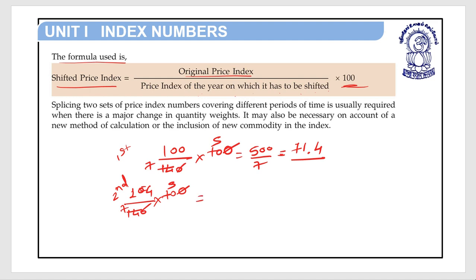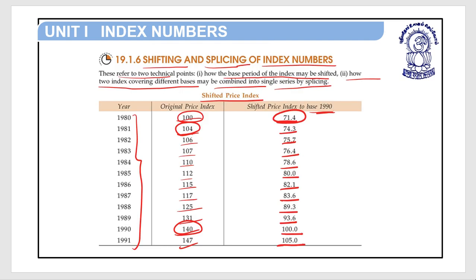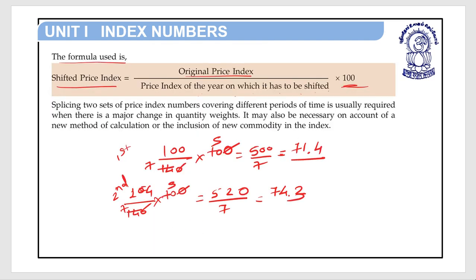So here 5 4s are 20, 5 1s are 5, so 520 by 7. 7 7s are 49, 3 4s are 28. So it is about 74.2 or 74.3. Okay. Same way you can solve for the third, fourth, fifth, and for all.